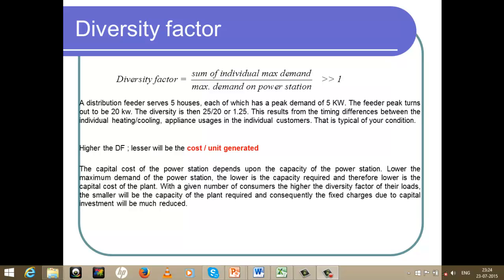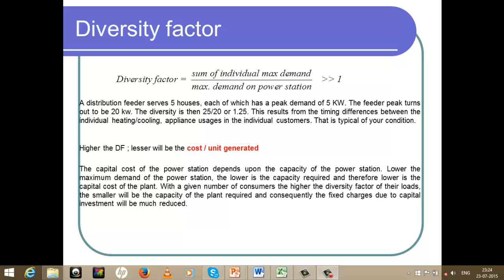That means if you sum up all the individual maximum power consumption, that will become 25 kilowatt. And as I said earlier, it's not mandatory that all the peak power consumption happens at the same time. Each and every house, that maximum power consumption time will be different.